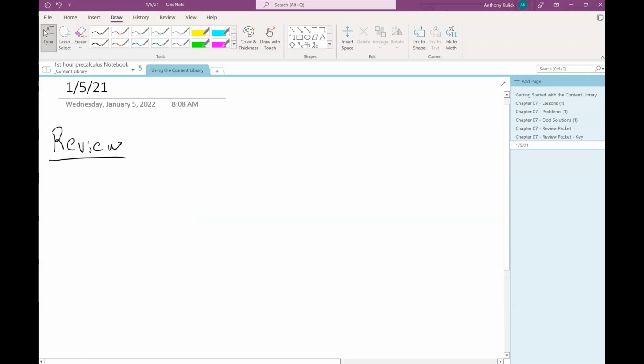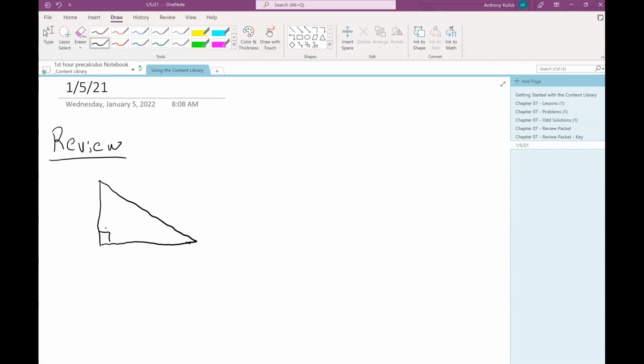So one of the key ideas that we talked about in first semester and in geometry is what can we do with a right triangle? Okay. So in a right triangle, let's say this triangle has angles A, B, and C. Typically, we name angles with capital letters, and then we name the corresponding sides with lowercase letters.